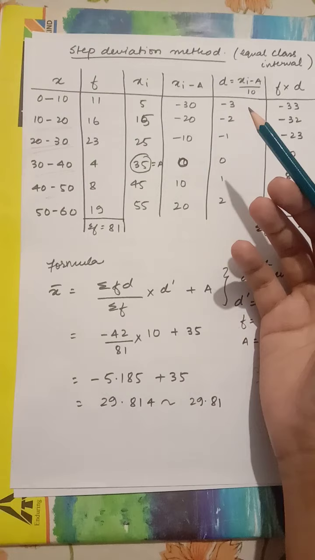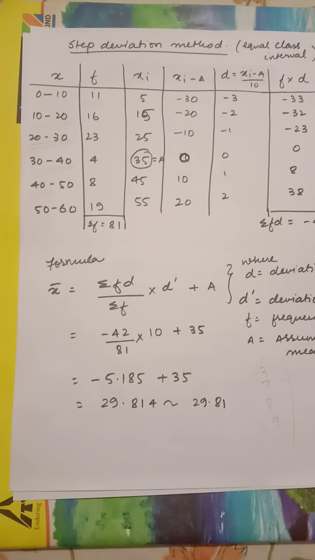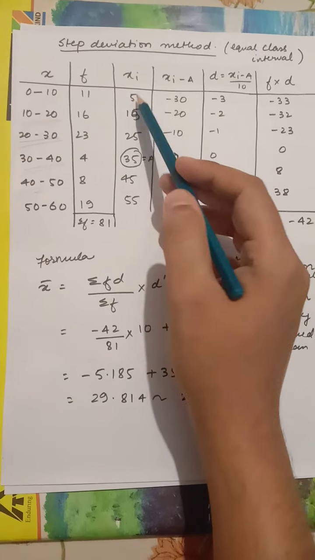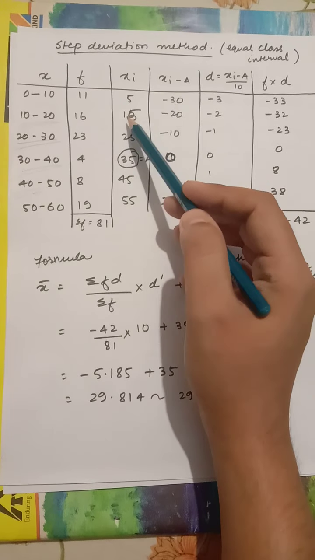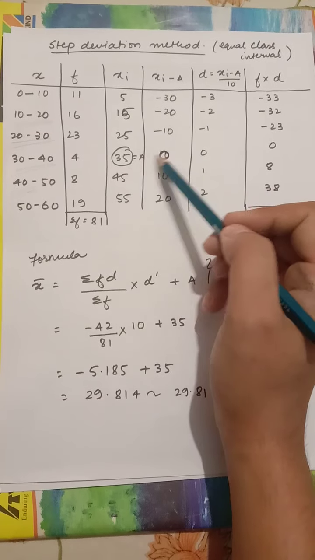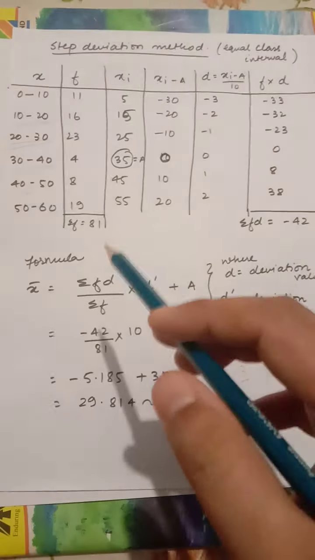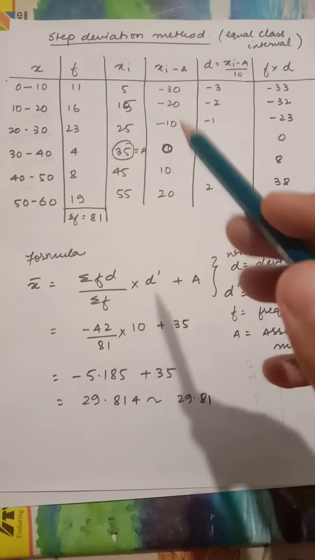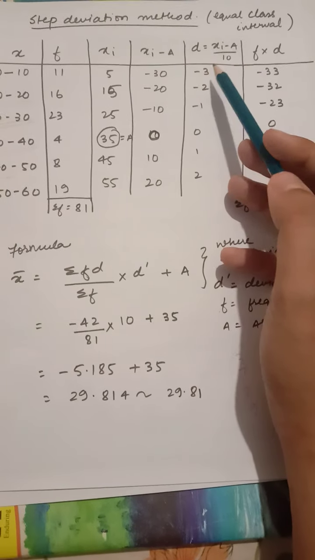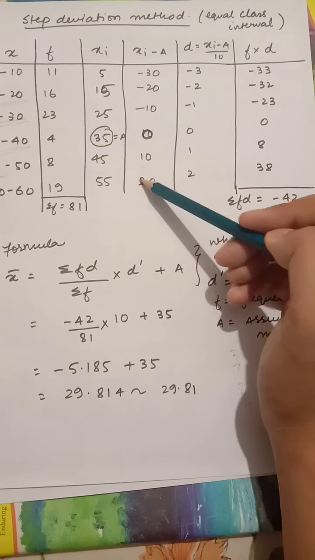You could take any of the mid values as the assumed mean and solve it. So we subtract: 5 minus 35 is minus 30, 15 minus 35 is minus 20, 25 minus 35 is minus 10, 35 minus 35 is 0, 45 minus 35 is 10, 55 minus 35 is 20. Likewise we just subtract and get these values. Now we divide, and we get 10 as the common difference, or deviation, that we can take.